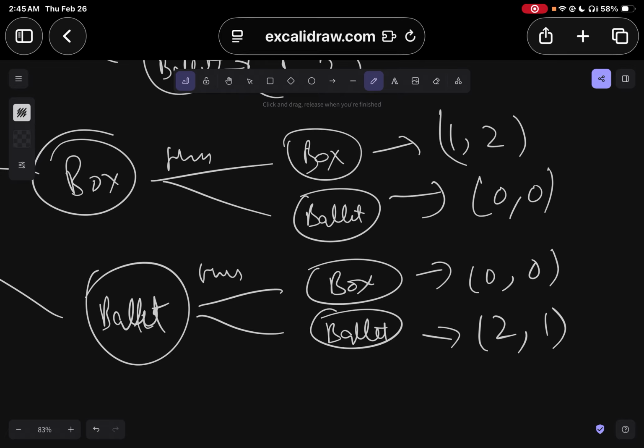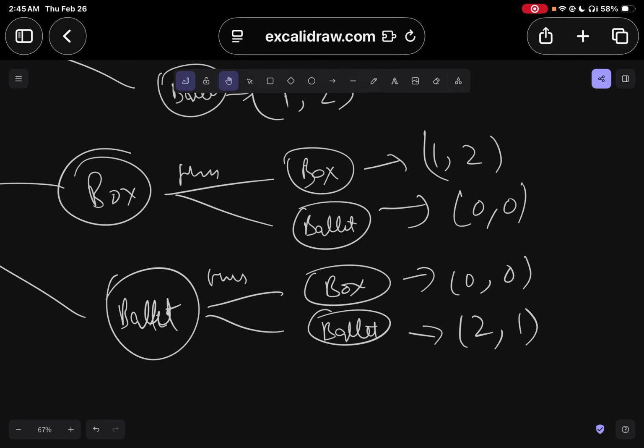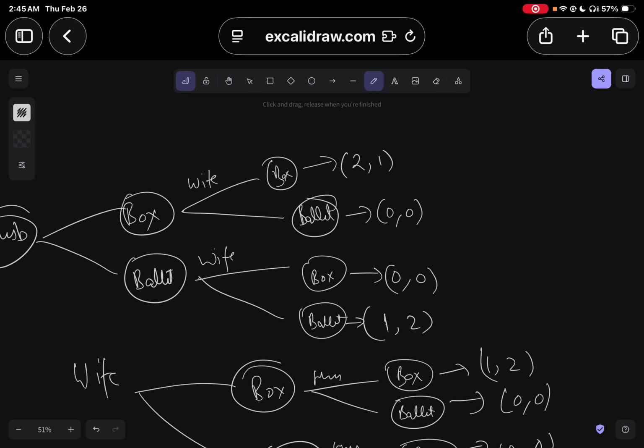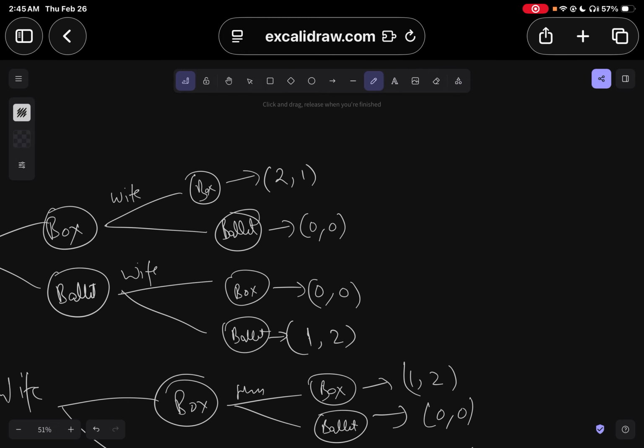So given the husband chooses boxing, the Nash strategy for the wife is boxing.